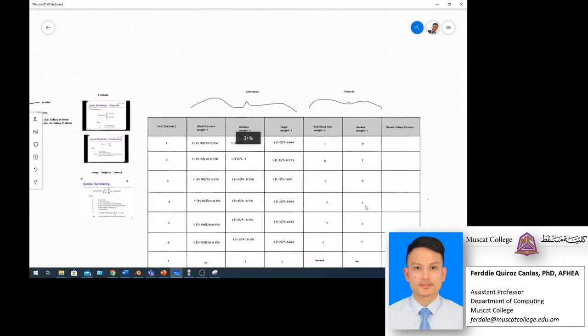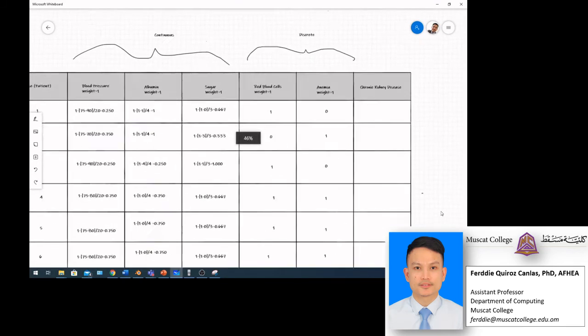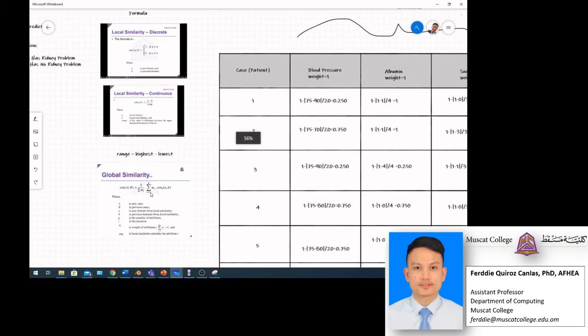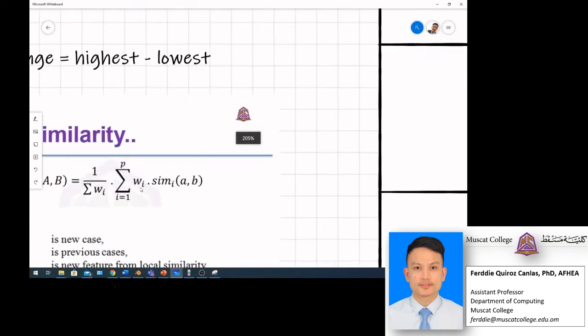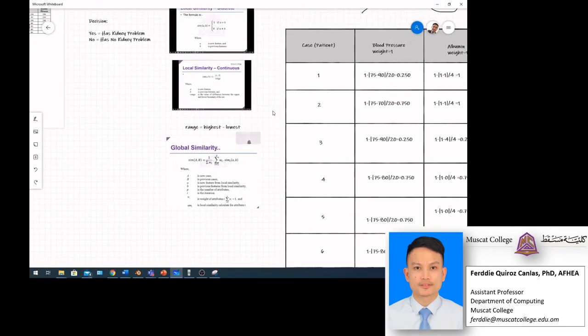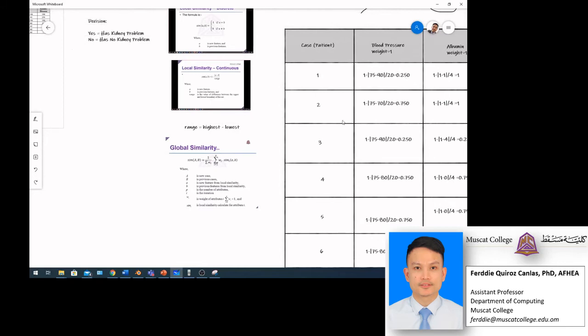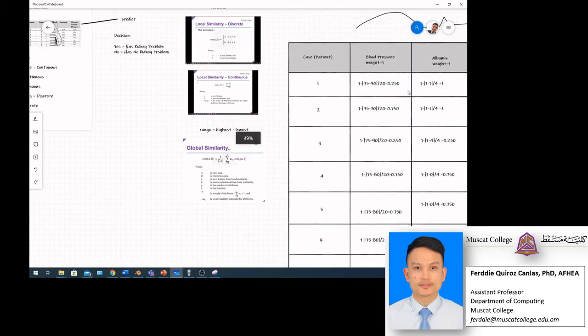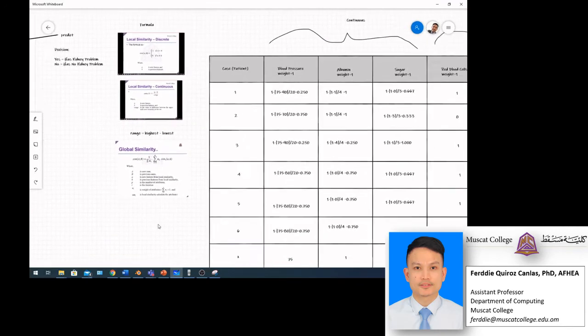So since all of them have equal weight, we don't have to multiply them by 1 here, because in this example it says 1 over 5 multiplied by 1 times the value of 0.250, and then the same until we get all of this here.